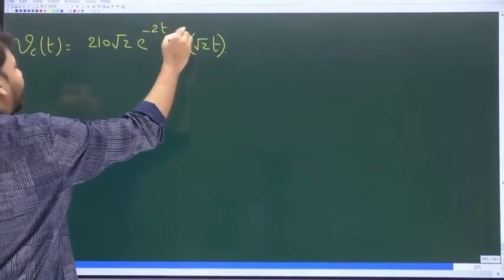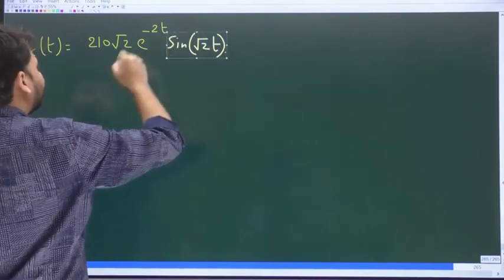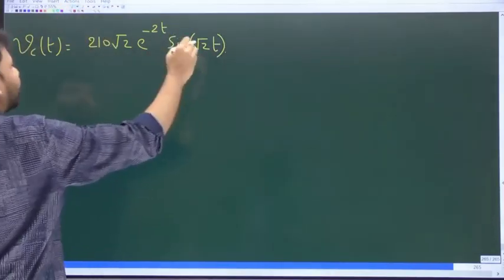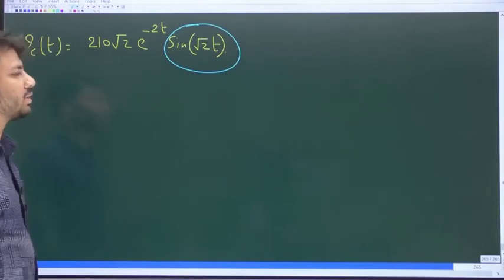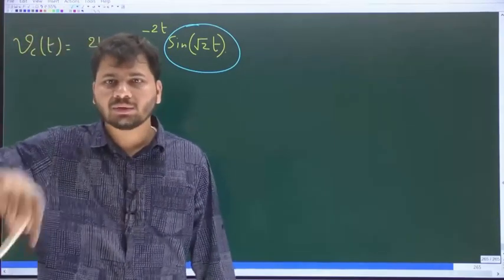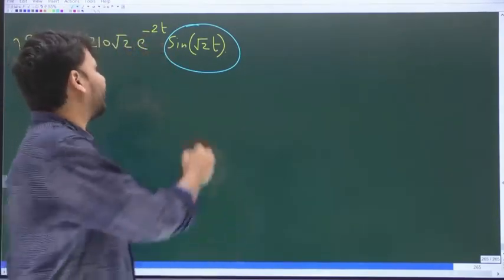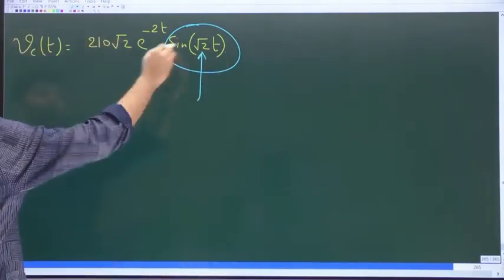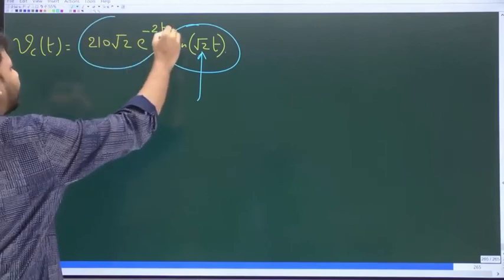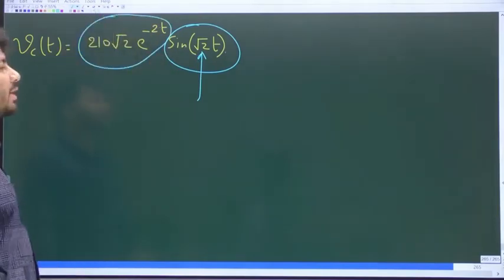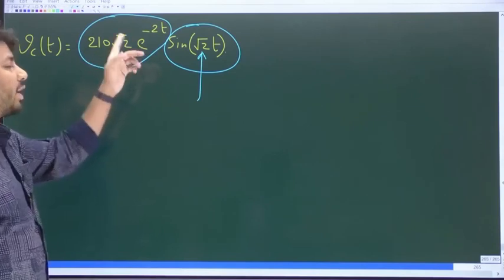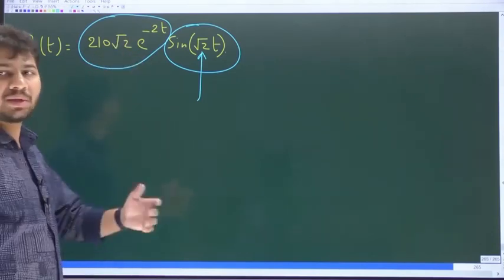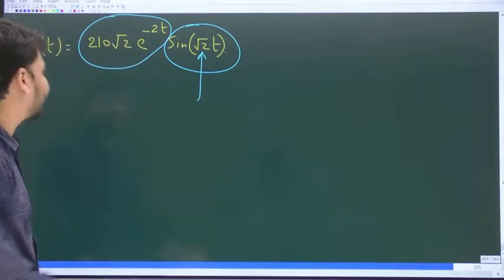Again, it is a product of two functions. One is the sine function, sine root 2t. Will it not sinusoidally oscillate at a frequency of root 2 radians per second? Well, this function is getting multiplied with another function. Look at the other function, 210 root 2 e power minus 2t. Is it not a decaying exponential function? Yes.